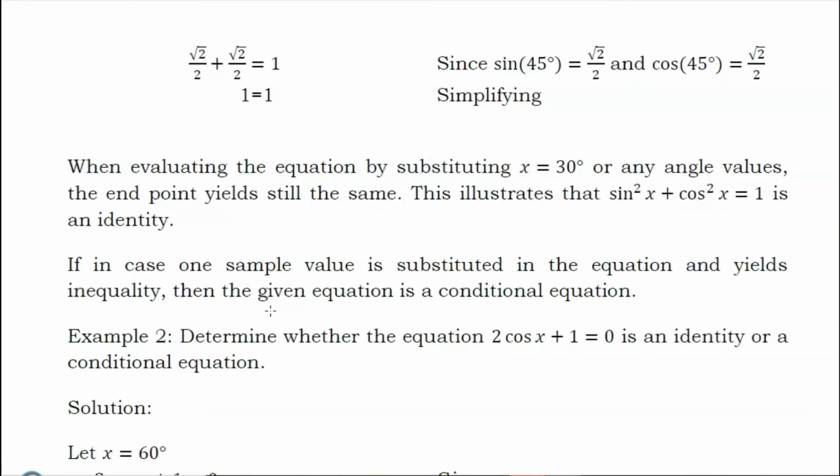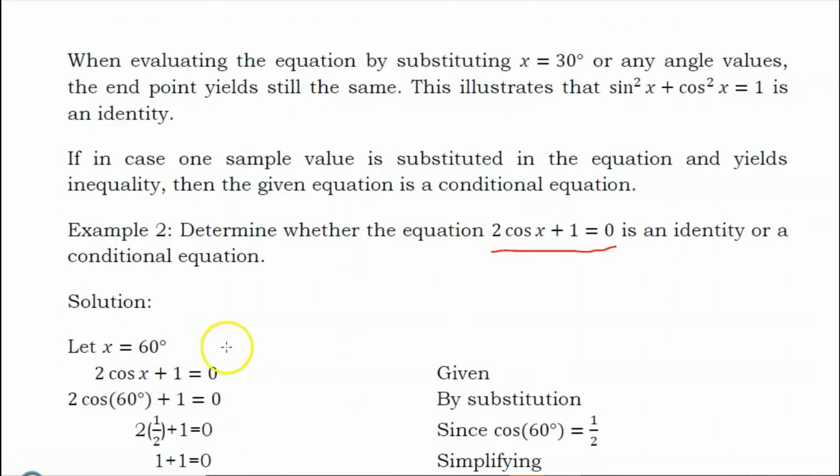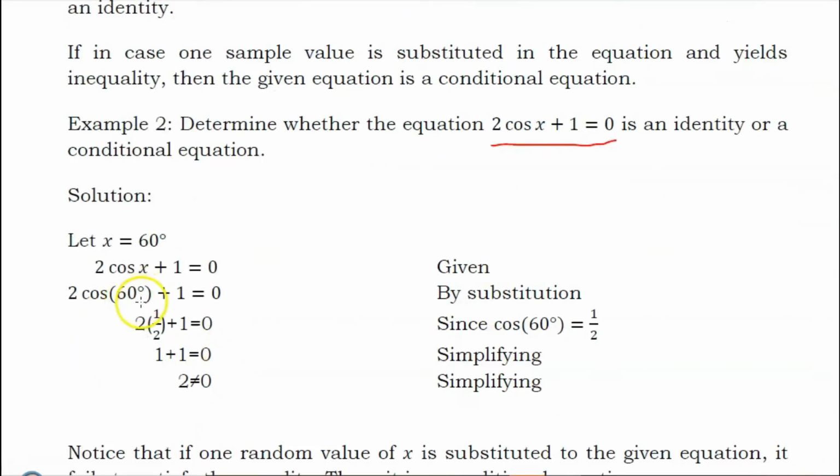Okay, so let's try another equation: 2 cosine x plus 1 equals 0. Let us determine whether this equation is an identity or a conditional equation. Let's try substituting x equal to 60 degrees. Cosine x is equal to 1/2, times 2, so we have 1. So 1 plus 1 equals 0, but 2 is not equal to 0.